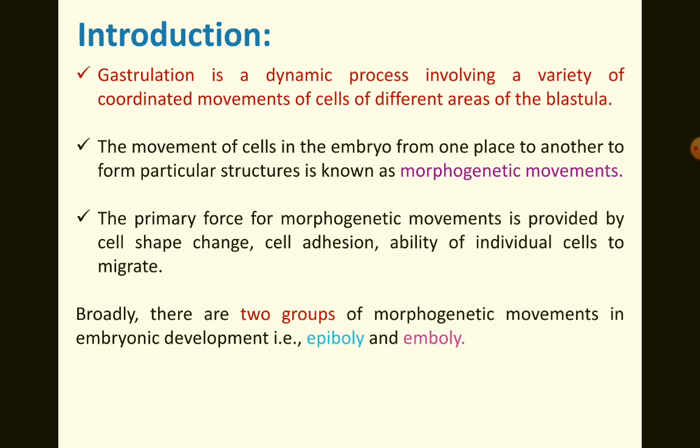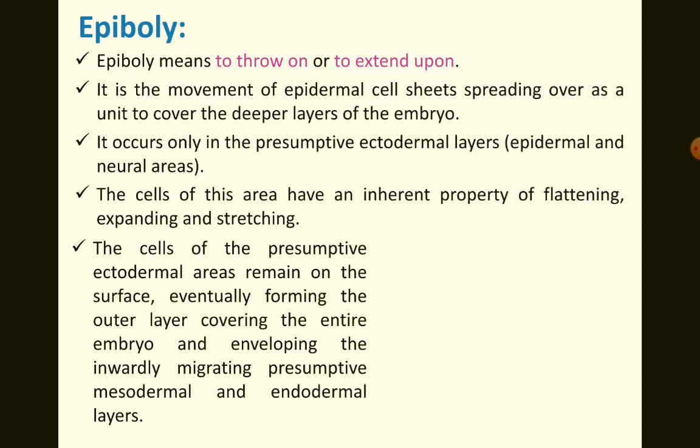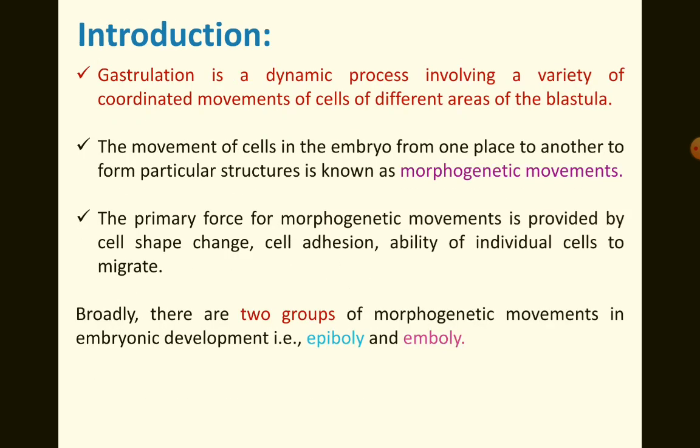These micromeres spread all around the blastula so that they cover the whole embryo, and in future they give rise to the epidermal derivatives, and also the neural ectoderm gives rise to the nervous system. Whereas emboly is represented by various kinds of morphogenetic movements.